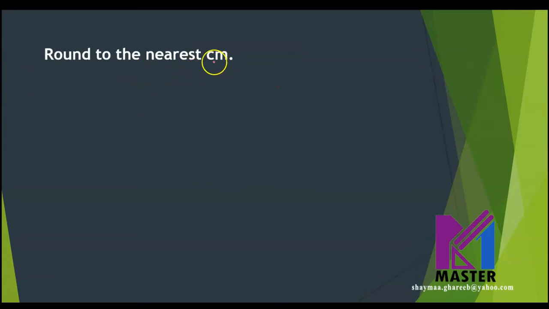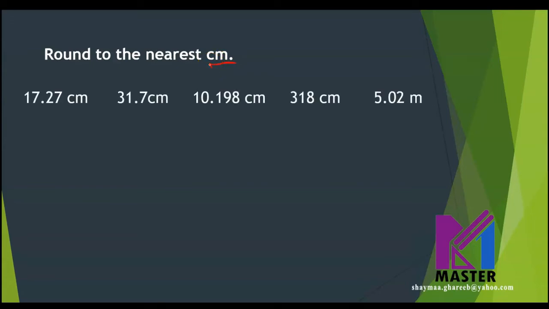Round to the nearest centimeter, which means to the nearest whole number of centimeters. As you can see, all of them are centimeters except the last one. Let's see how we can do it. 17.27 or 27 hundredths centimeters. So I will round it normally to the nearest whole number.